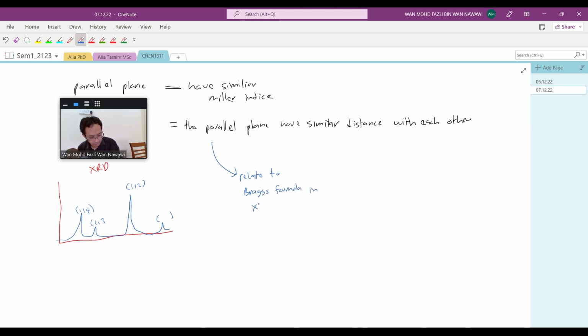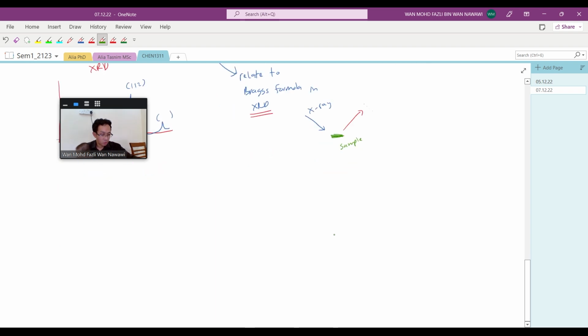Bragg's formula in XRD. I asked you before to learn about XRD. XRD is a machine where you have a sample here, and you shine the X-ray, and the X-ray will be reflected and give some result. So basically the XRD is more or less like this.